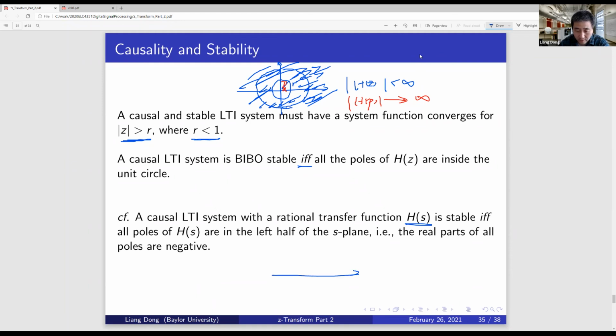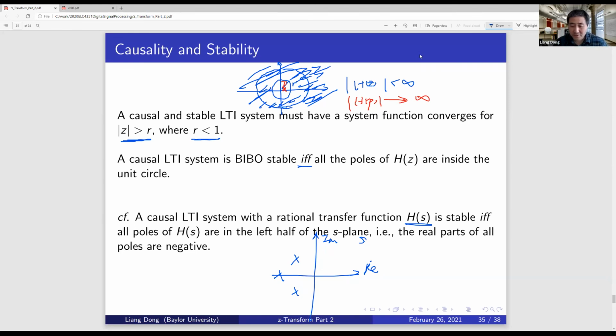This is the s-plane, with the real part and imaginary part. If it's stable, all the poles are in the left half of the s-plane.